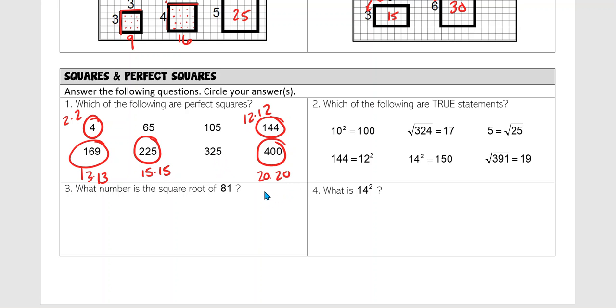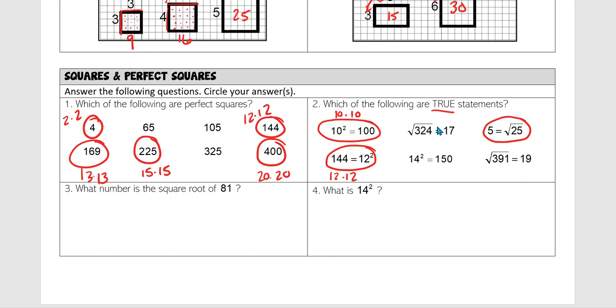For number 2, we want to know which of the following are true, so which of those are correct. Go ahead and pause the video and see if you can figure that out. All right, so we do know that 10 squared is the same thing as 10 times 10, that is equal to 100. And then 12 squared is the same thing as 12 times 12, which is 144. So those are both true.